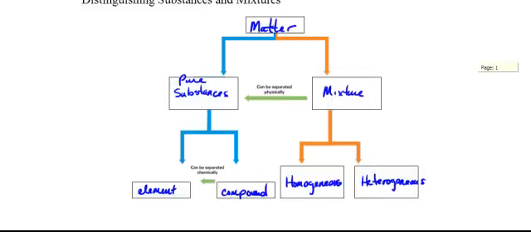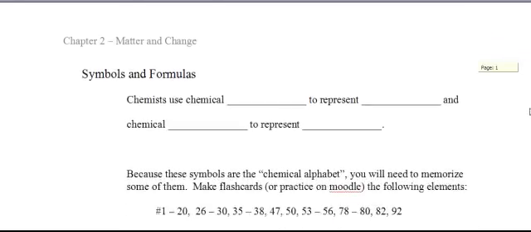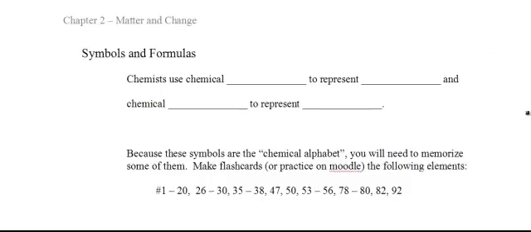Now, scrolling down, there are lots of different types of elements and compounds, and so we have to have ways to express them. Well, chemists are going to be using chemical symbols to represent elements, and they're going to be using chemical formulas to represent compounds.